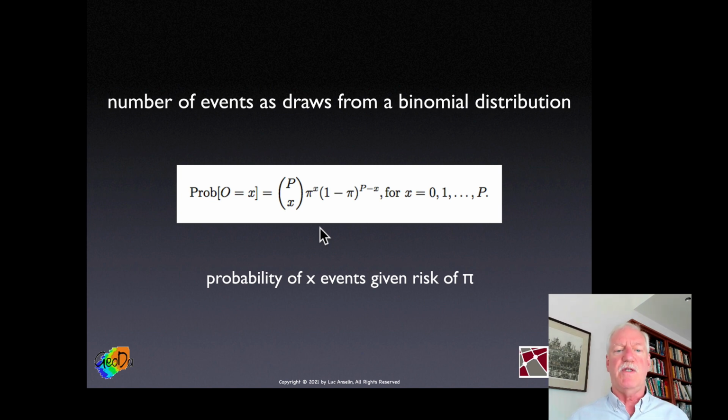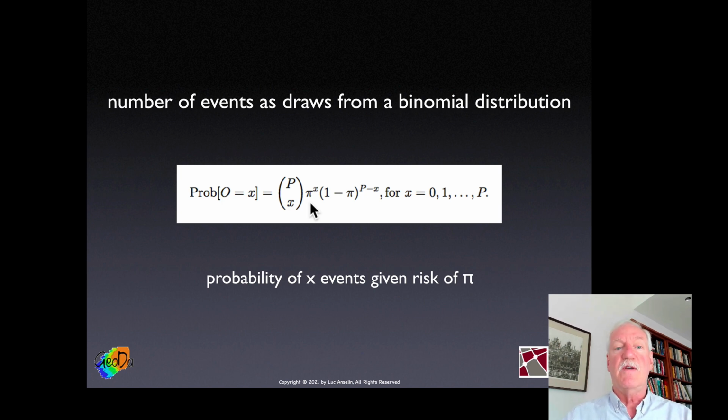Those kinds of probabilities are determined by a binomial distribution. And the binomial distribution has one important parameter, this pi here, which is the probability of the success of an event. So this is the risk that we're really interested in, but we don't know what it is.